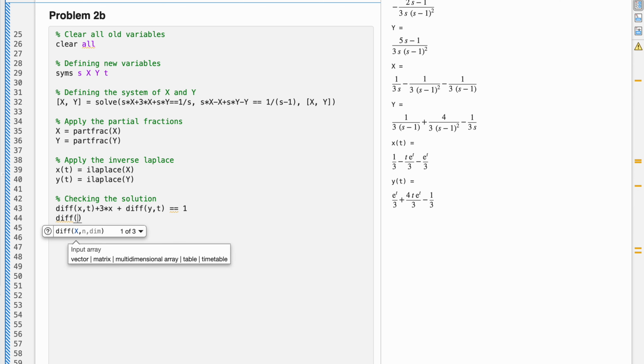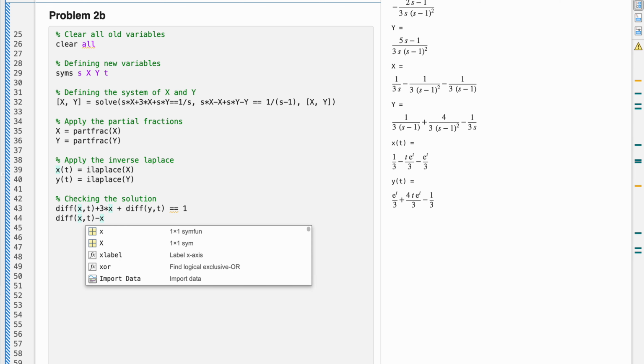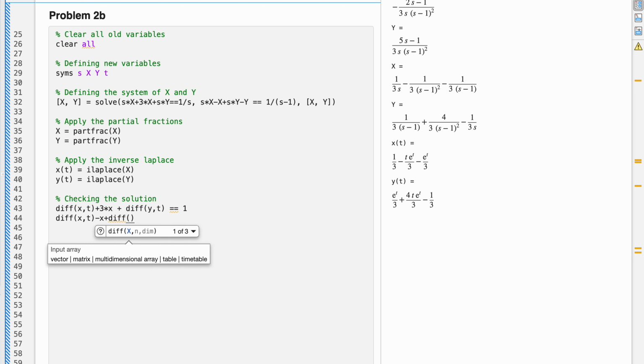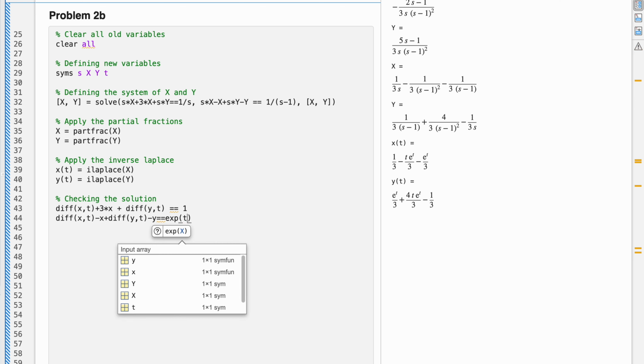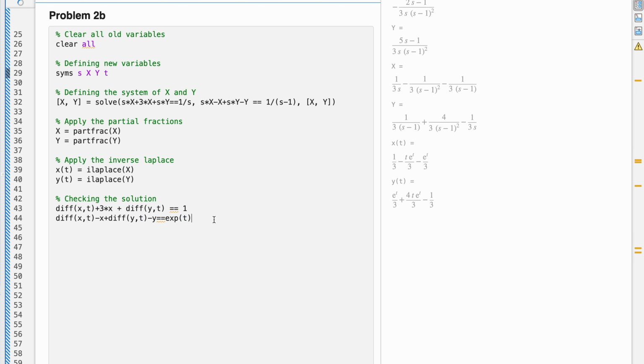And now the derivative of x with respect to t minus x plus the derivative of y with respect to t minus y, all of this has to be equal to e to the t. And we have to get an equality if this is indeed the right solution.